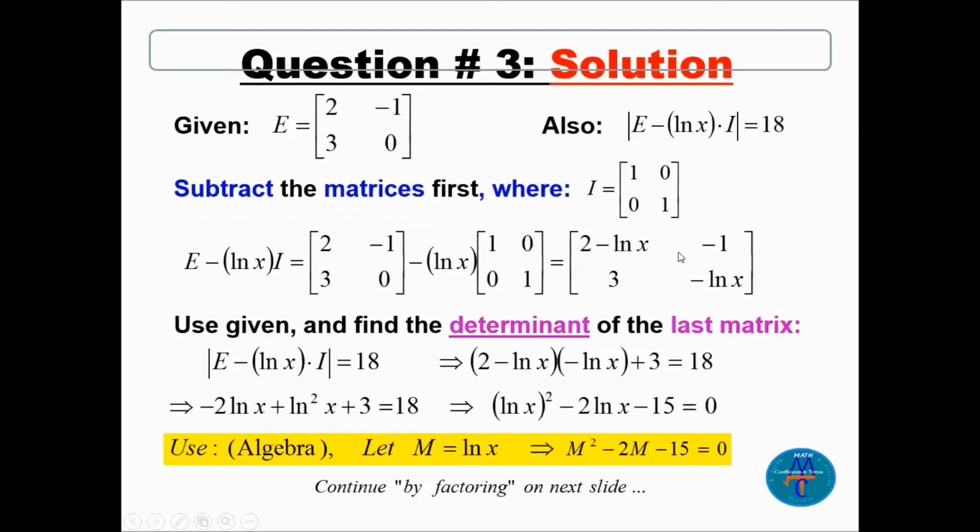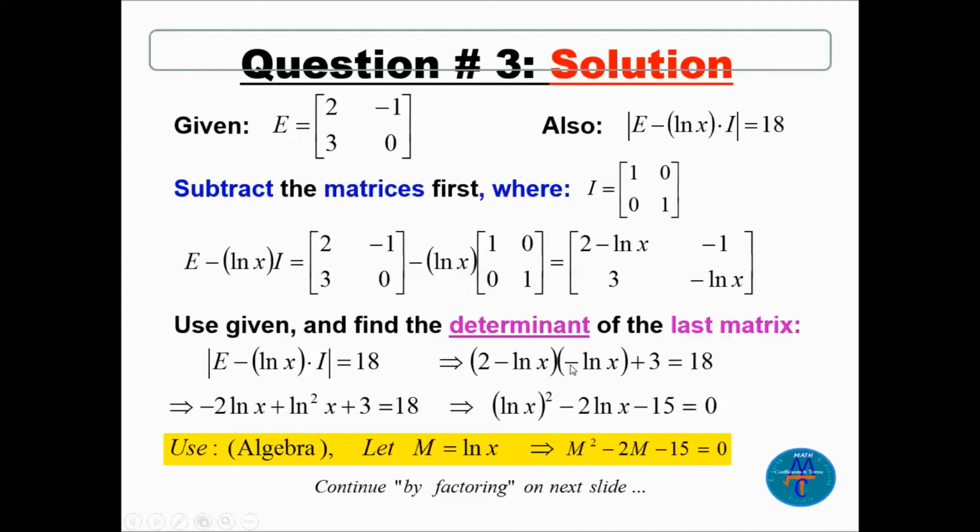So find the determinant of the last matrix, this 2 by 2. So 2 minus ln of x multiplied by minus ln of x, minus 3 becomes plus 3, equals 18 from the given. And now the idea here is how to solve this equation in logarithmic equations.